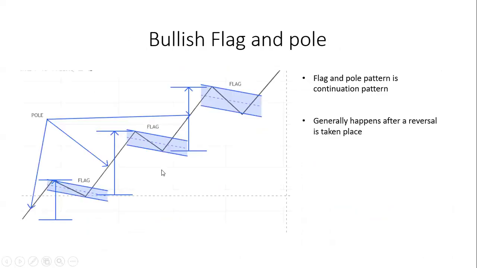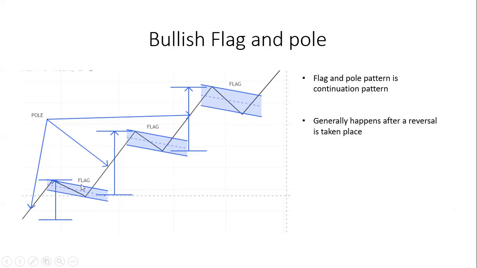So in a flag and pole, what happens is the market goes up, then there is a consolidation. If you mark that consolidation, the sideways zone, that sideways trend generally makes the flag. Once it breaks, the stock moves in that direction, and we can get these targets.